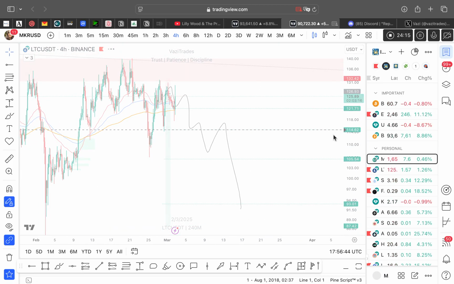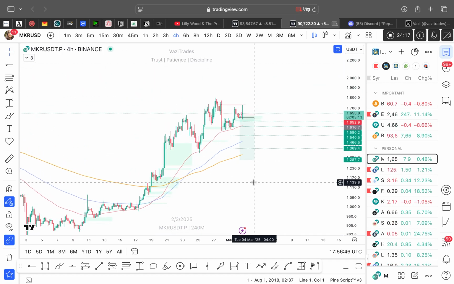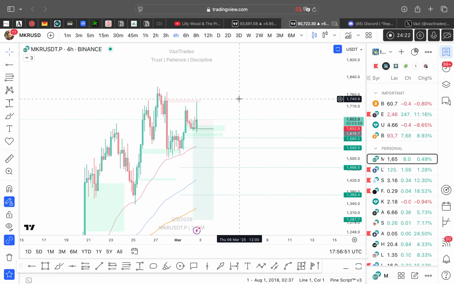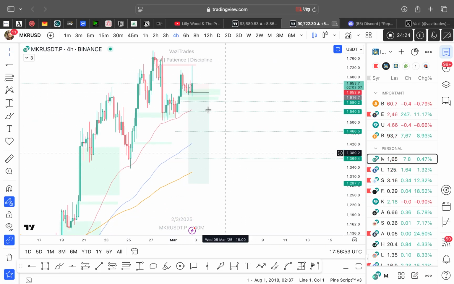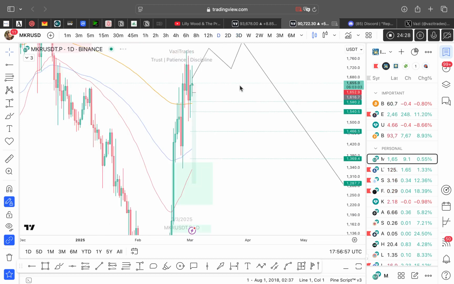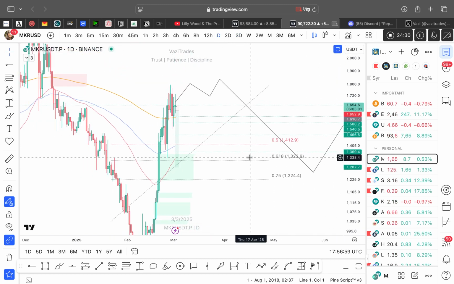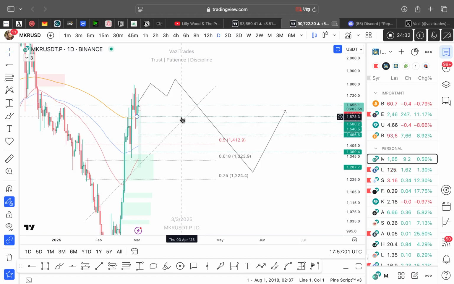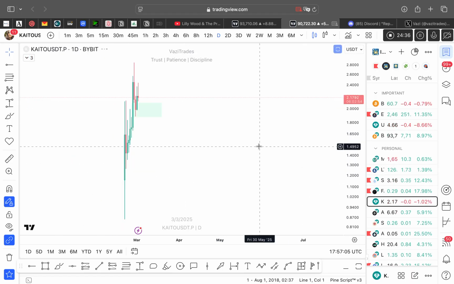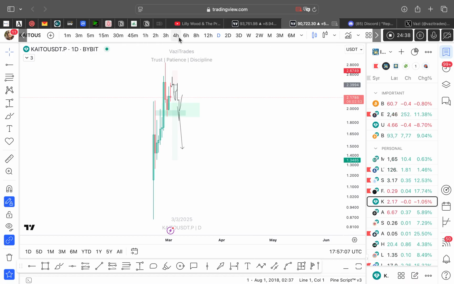You know, okay, this stopped me out and rejected from this FVG here, but still it could go down. Let me check the time frame. On the daily time frame, it can still come towards one of these levels, right?